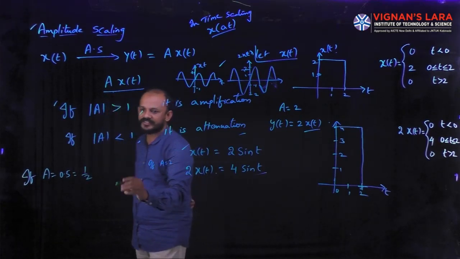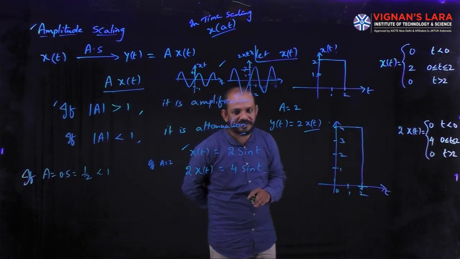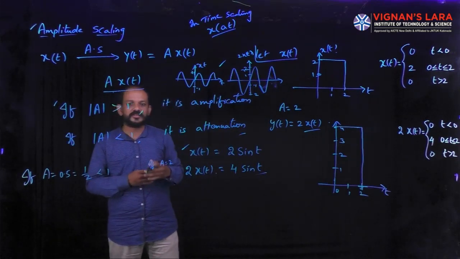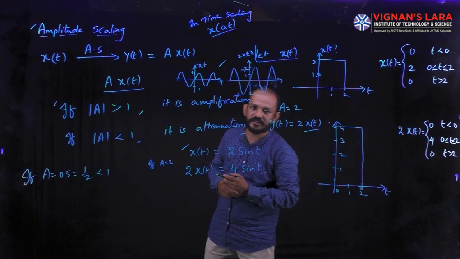So in the second case, if A equals 0.5, which is nothing but 1 by 2, whose value is less than 1, now the signal will be decreased along the y-axis. Reduction takes place. It is nothing but attenuation.